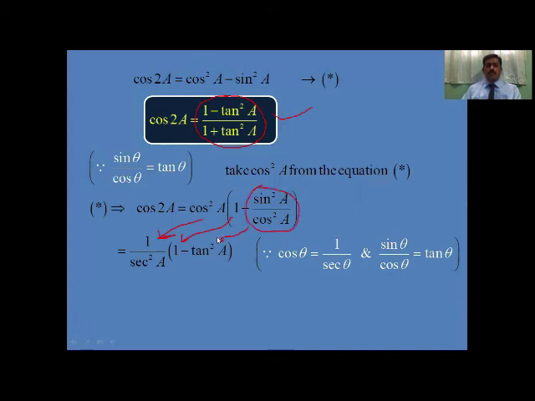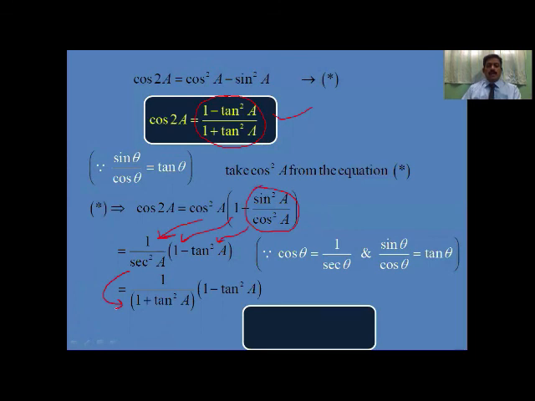And also we know that by identity 2, the secant square can be written as 1 plus tan square. So here we substitute the second identity, 1 plus tan square A. Finally, we get cos 2A equal to (1 minus tan square A) divided by (1 plus tan square A).